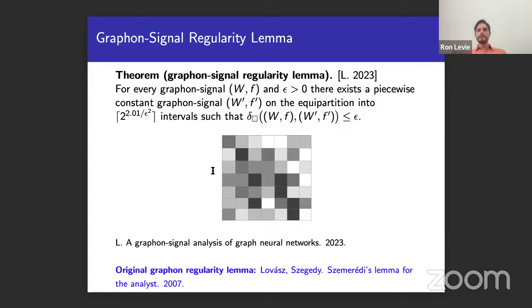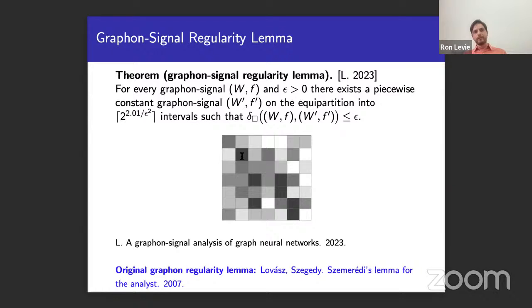Okay, so the partition is predefined. Given epsilon, the block structure is predefined. And in some sense, this means that I took the space of all graphon signals, which looks huge and infinite dimensional, and I approximated it by a finite dimensional space, because the space of all stochastic block models with a fixed block structure is finite dimensional.